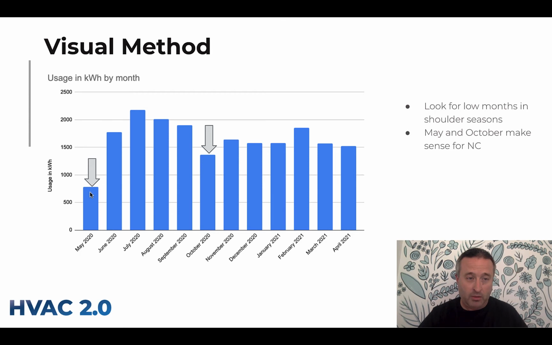So here's May, and that was 778, and October, and that was 1362. May and October make sense to be shoulder seasons. The shoulder seasons are where you are going to figure out your baseline. You have to look for months that don't have much HVAC usage. So it's when it's nice outside, 50 to 75 degrees out. That's when you're not going to have much HVAC.